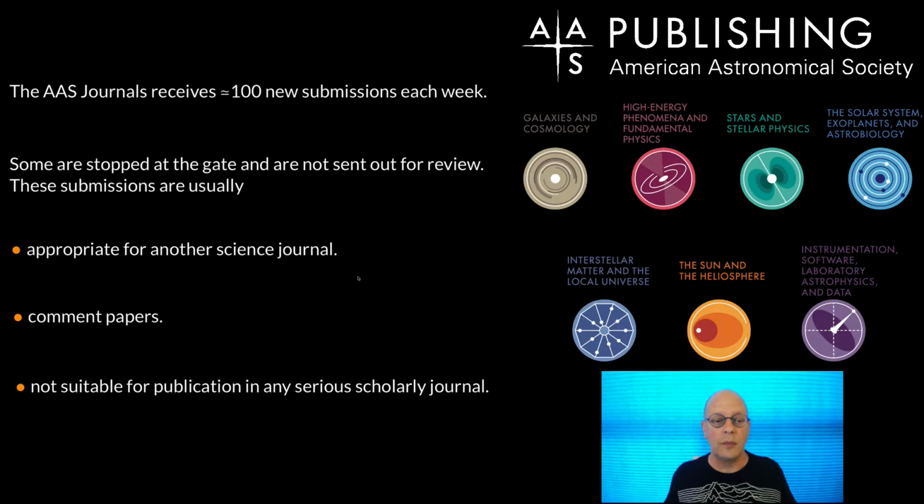So the AAS journals receive about 100 new manuscripts each week. Some of them are stopped at the gate and are not sent out for review. This is some of the 5% there. These submissions are usually perfectly fine science papers, but they're just not within the scope of the AAS journals. Not to pick on any particular one, but just to give you an example, an article will come in that is a plasma physics paper.